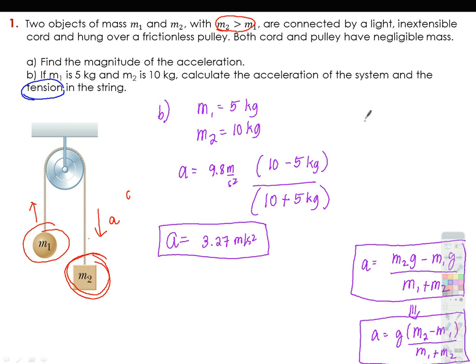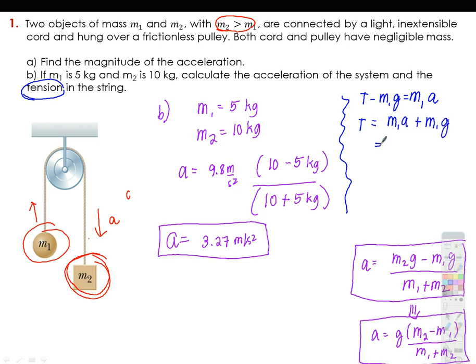If you recall the equation that we have, for letter A, our tension, I will be using the equation 1 that we have right here. It will be T minus M1g equals M1a, and then T is equivalent to M1a plus M1g.